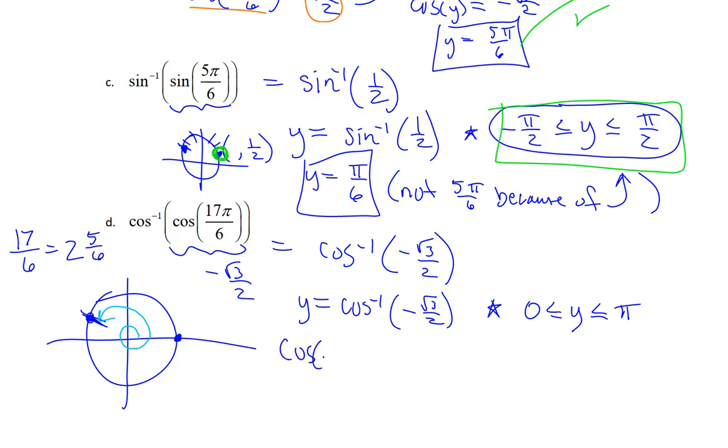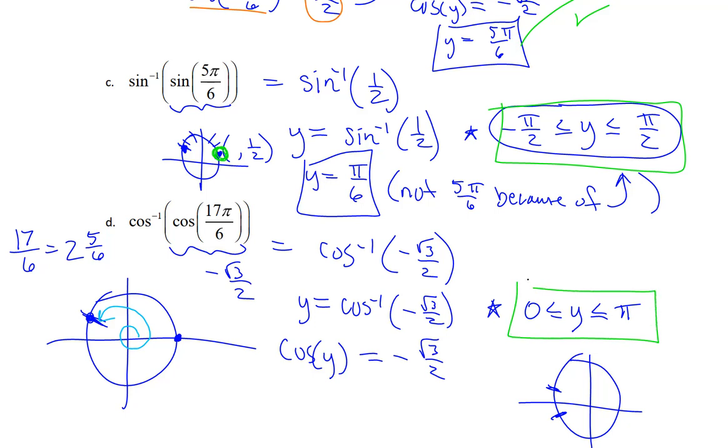Because if I take the cosine of both sides, I'm really looking for where the cosine of y would equal negative root 3 over 2. On a unit circle, there are two options for that. Negative root 3 over 2 would be one of the two places that's closer to the x-axis in quadrant 2 or 3. And we're looking for which of those, of course, falls within our restriction of 0 to pi, which happens to be basically quadrants 1 and 2.